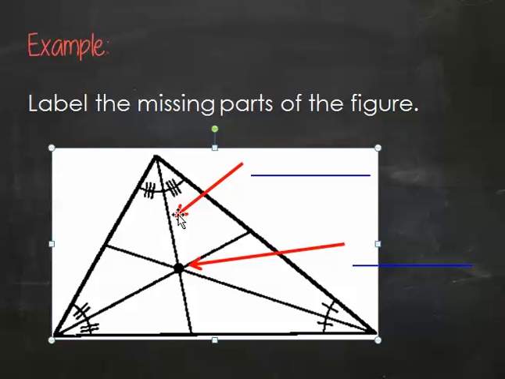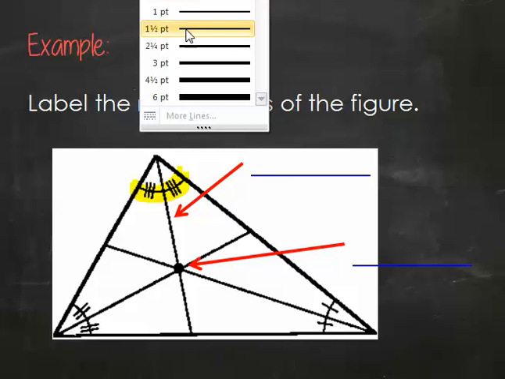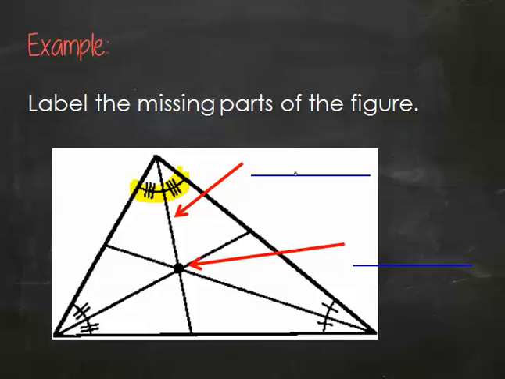This first line that it's pointing to, if you look at what it's doing right here, it's taking that angle and cutting it into two equal parts. That is called an angle bisector.